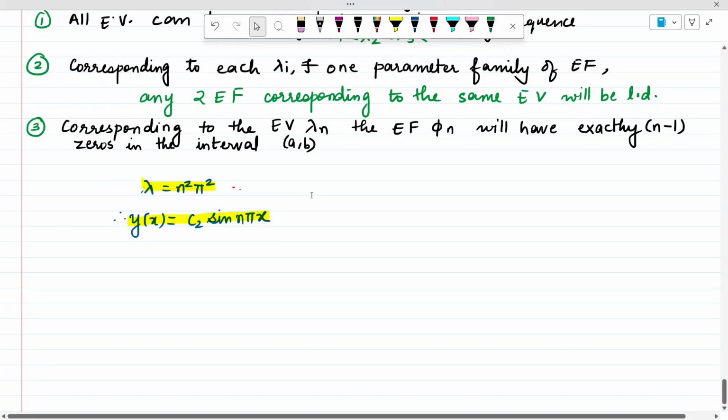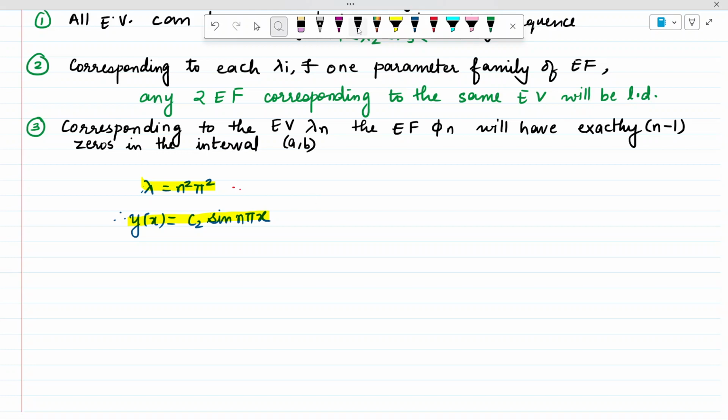So what does the statement claim? That for different eigenvalues, whatever is the corresponding function, it will have n minus 1 zeros in that particular interval. The interval in which we were working over here was 0 to 1.